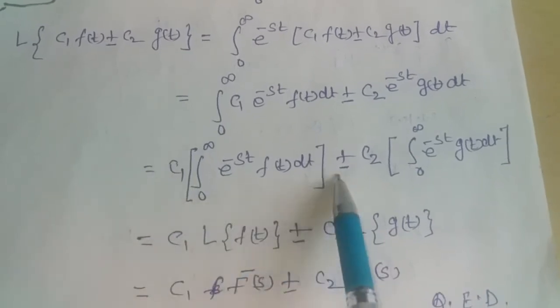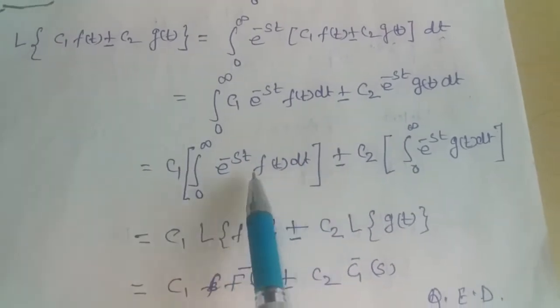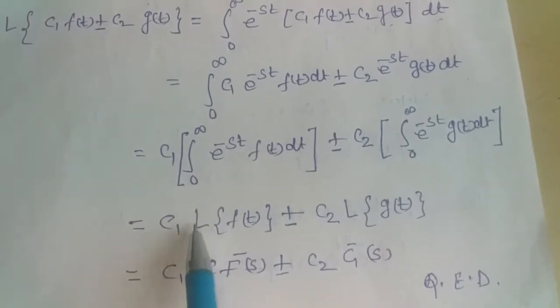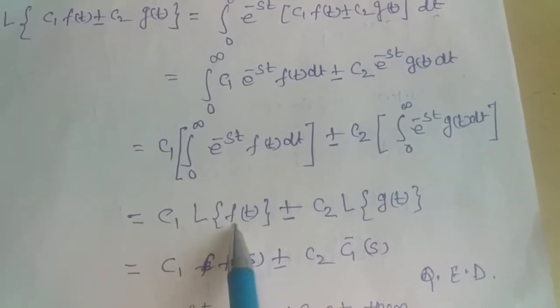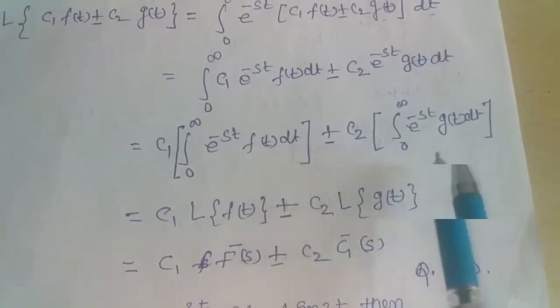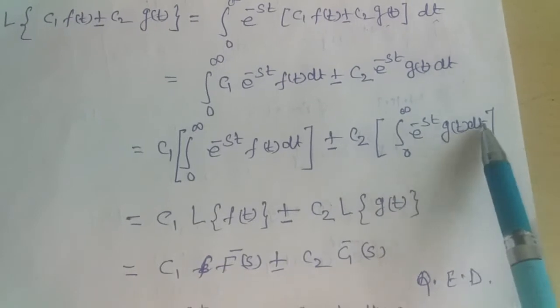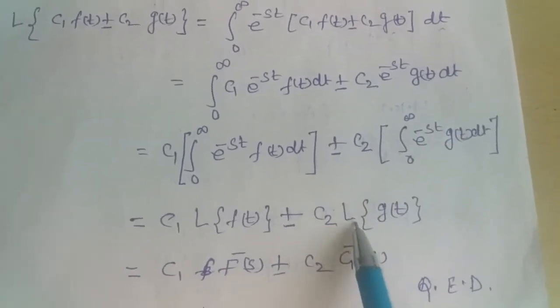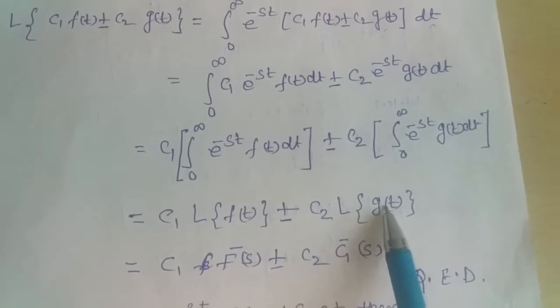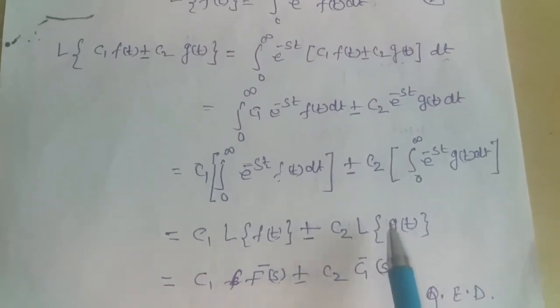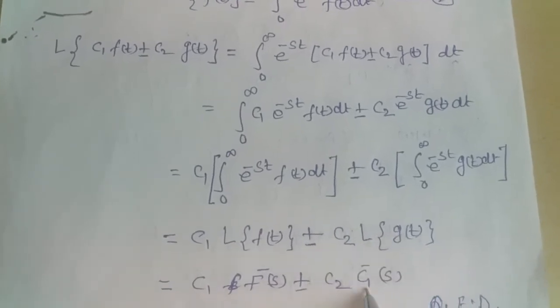This integral is the Laplace transform of f(t). So we get c1 times the Laplace transform of f(t) plus or minus c2 times, this expression being the Laplace transform of g(t), and the Laplace transform of f(t) is given as F bar(s) and the Laplace transform of g(t) is given as G bar(s).